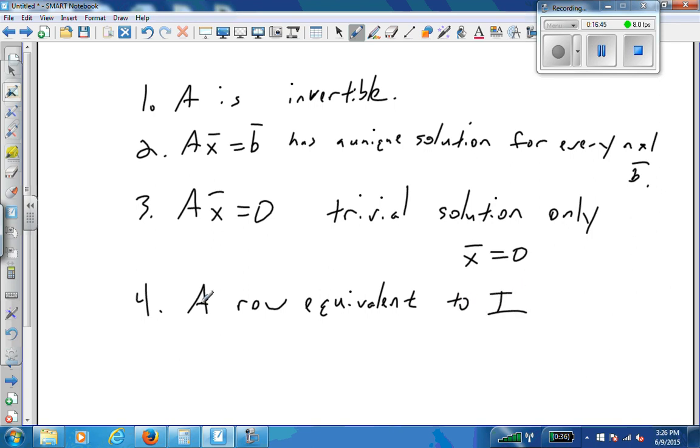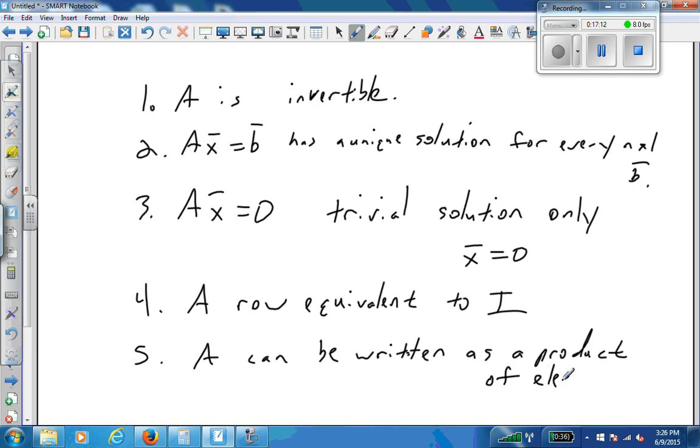Basically, we can take A, row reduce it, and get the identity matrix. A can be rewritten in terms of elementary matrices multiplied together, written as a product of elementary matrices.